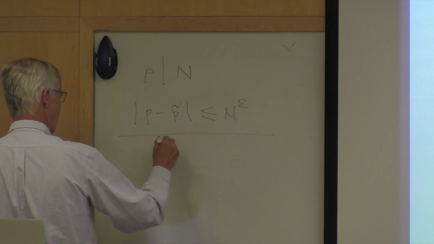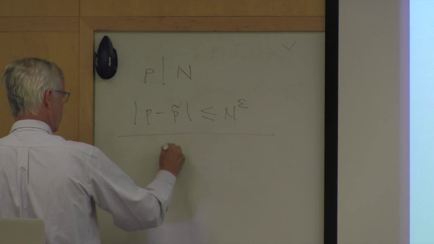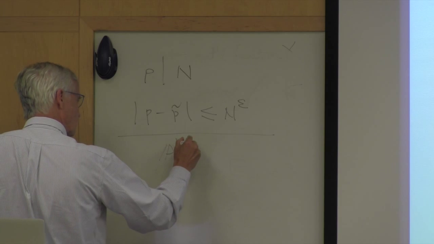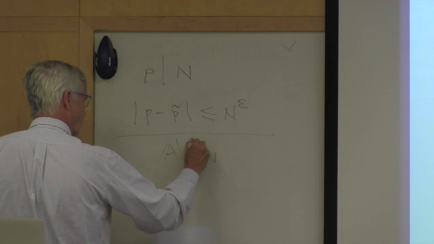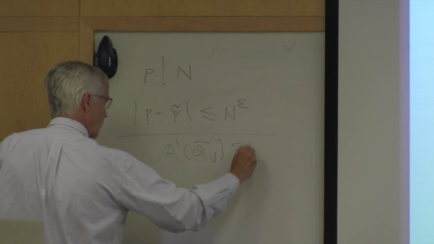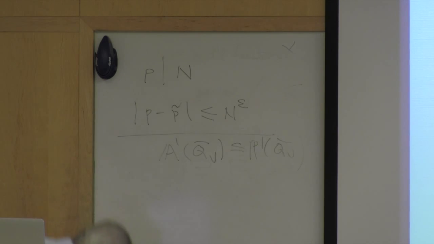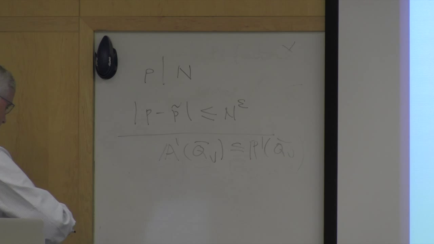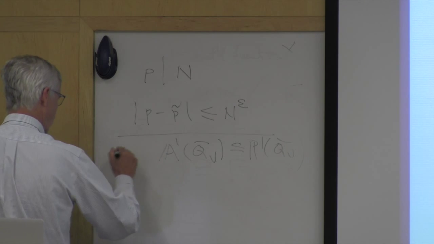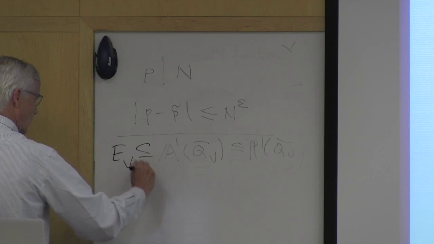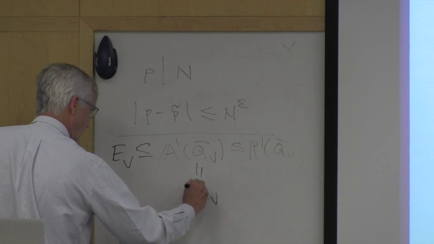You take the affine line over the algebraic closure of Q_v inside P^1. And let's see if I can get this right. So for each v, you want to pick a subset of the affine line. I just identify this with the algebraic closure of Q_v.